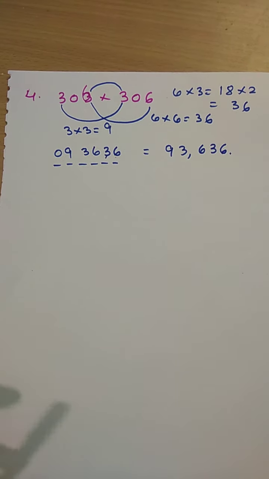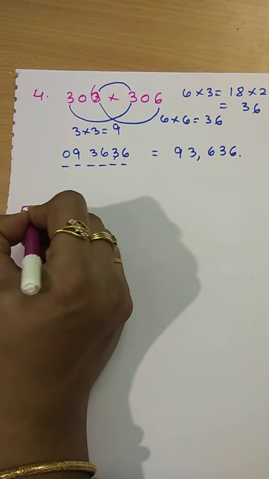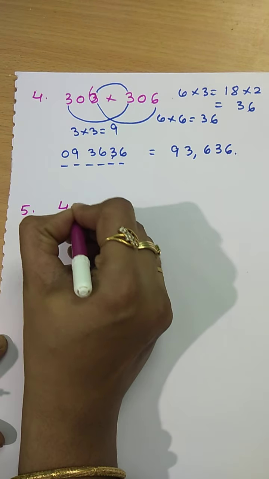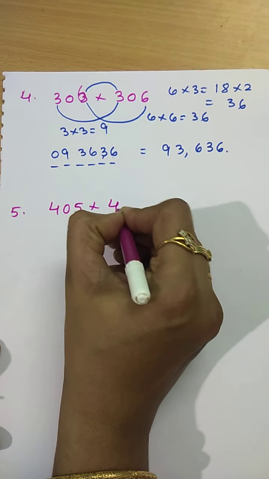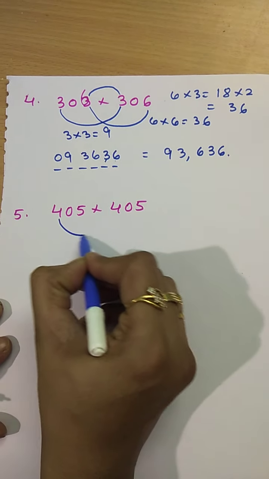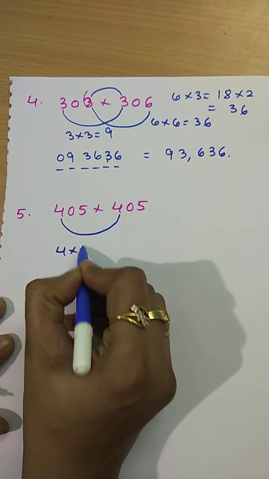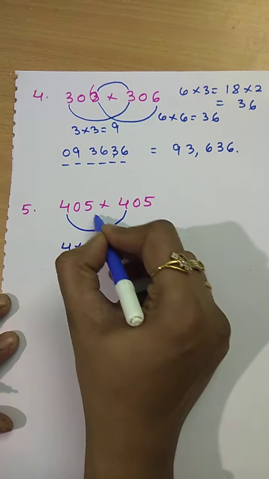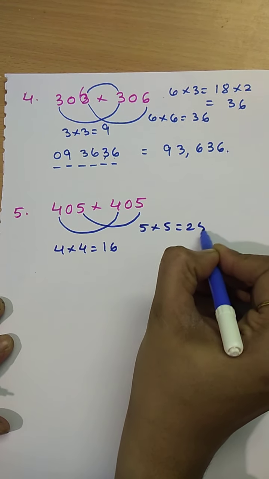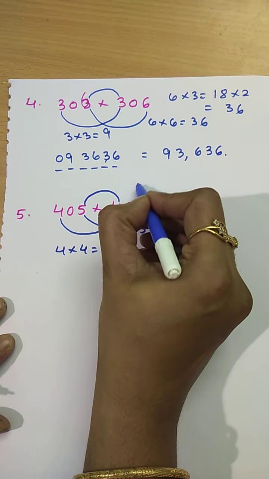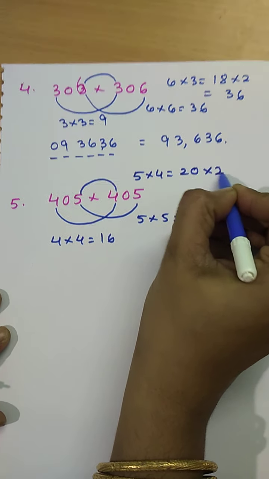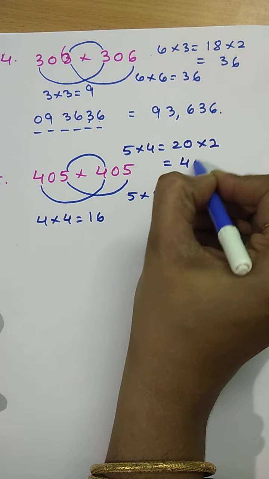Next problem, the fifth problem: 405 into 405. 4 into 4 is equal to 16. 5 into 5 is equal to 25. 5 into 4 is equal to 20, and 20 into 2 is equal to 40.